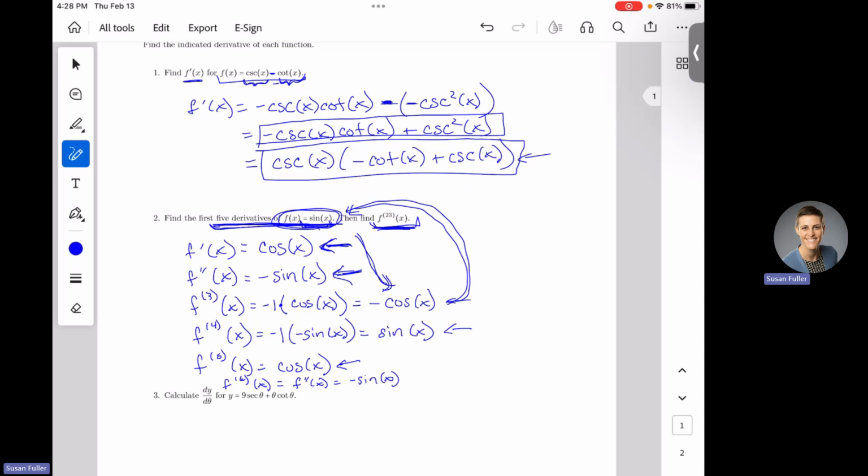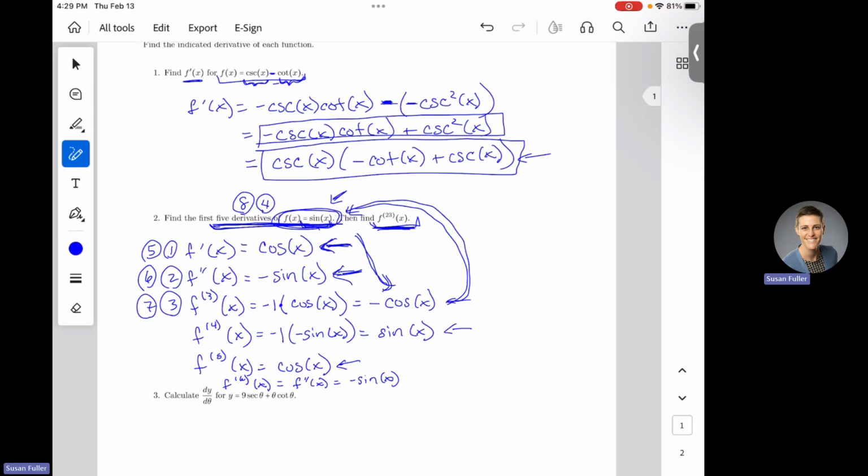You can kind of start and say, this is my first, second, third, and then the fourth derivative is going to come back up here, and then say my fifth derivative is back here, sixth, seventh, eighth, and you can keep going. And notice you're always going to come back.